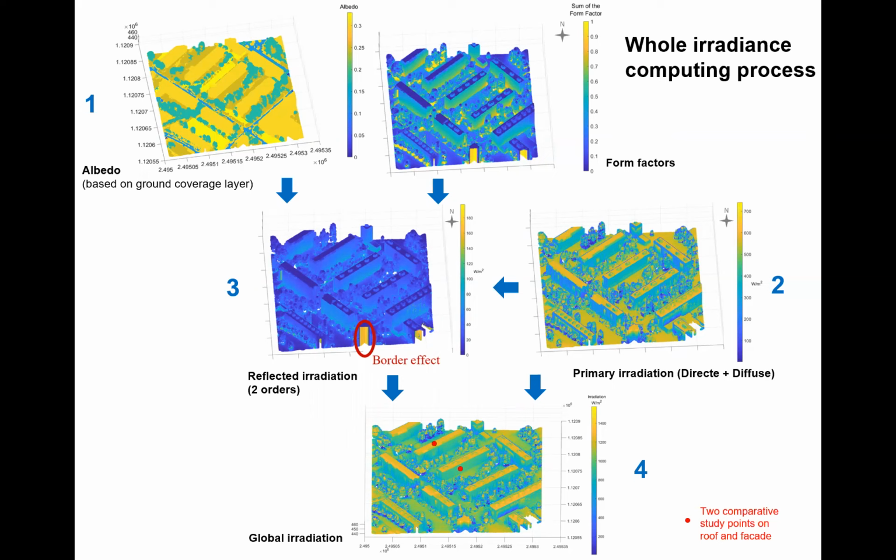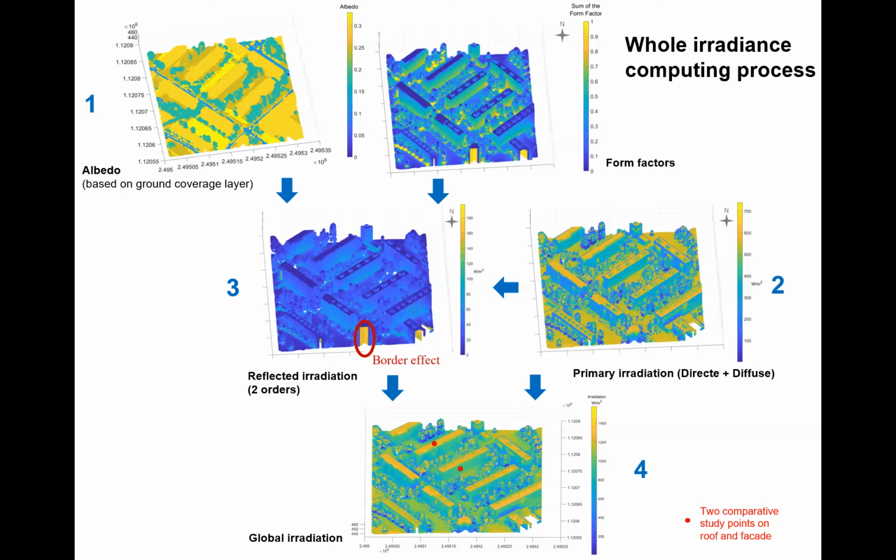And then, in the second step, we calculate the primary radiation, direct plus diffuse, and the reflected radiation in two iterations, two orders, that combine form factor, albedo and the primary radiation. And then we have here the global results, the global radiation.